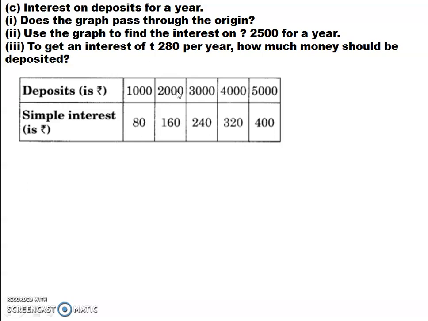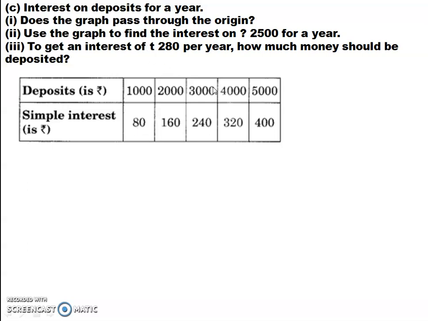If you are depositing 2000 rupees, at the end of 1 year you are getting 160 rupees. If you are depositing 3000 rupees, you will get 240 rupees as interest at the end of 1 year, and so on. So what will be the percent? It's 8% rate of interest.